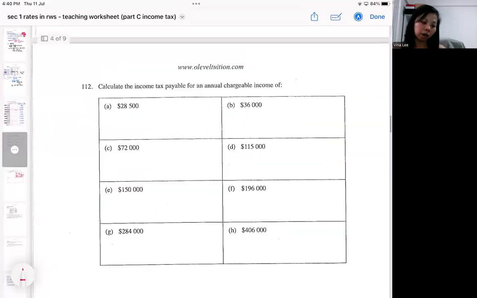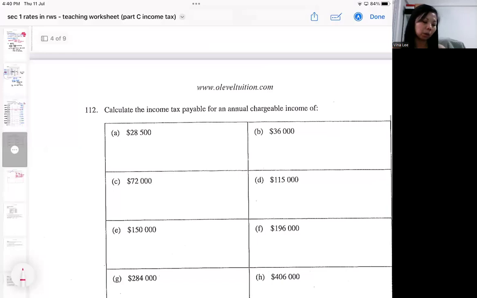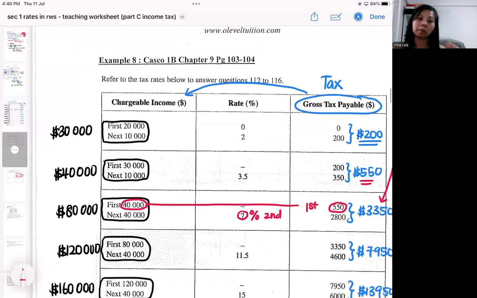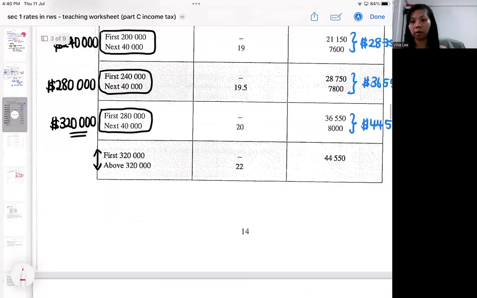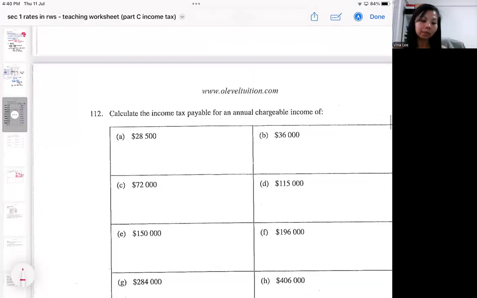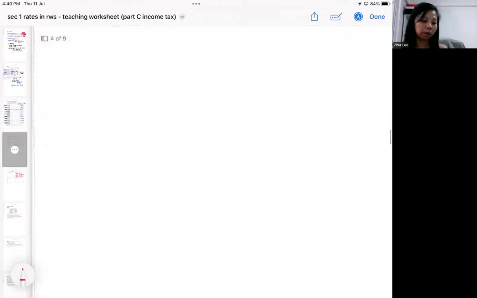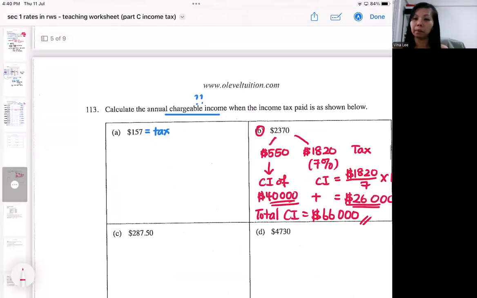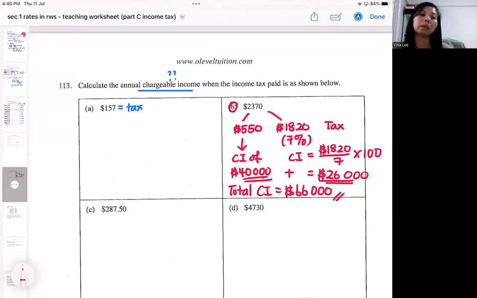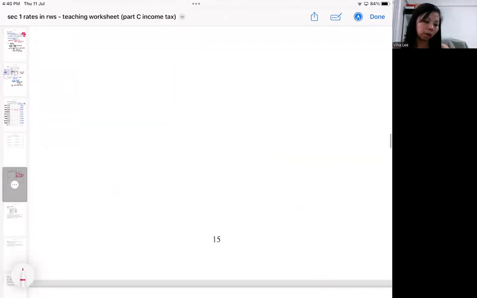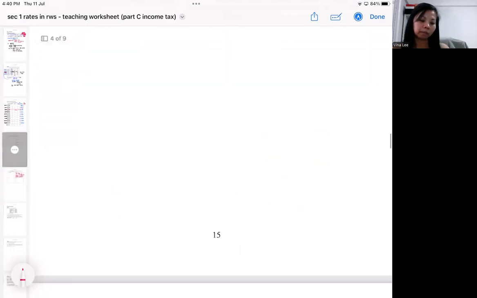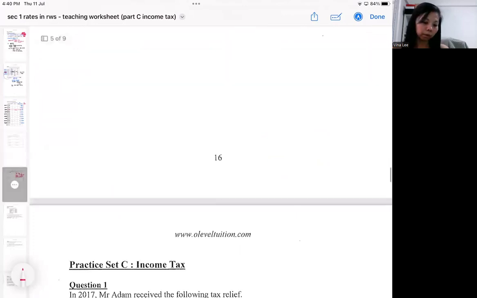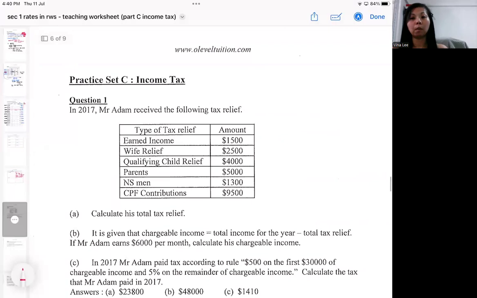If you are given the chargeable income, you look under the chargeable income column, and then you calculate accordingly. Hopefully this clarifies, but you need a bit of practice to get used to the terminology. This is really something that happens in real life. So complete everything before you go to set C to try more questions.